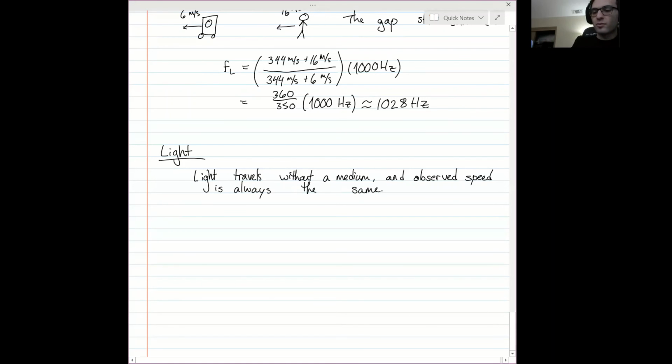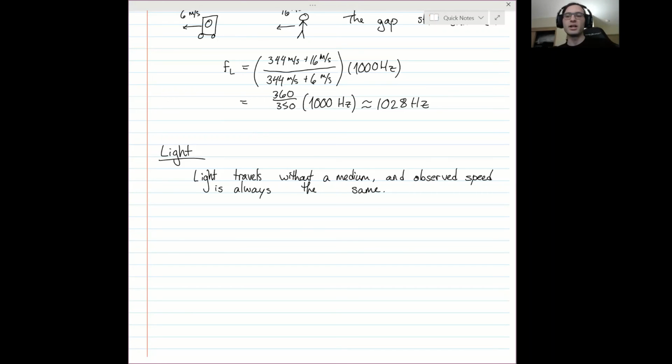So the example here is, remember, a light wave is just an oscillation, so it has peaks and troughs. Imagine that somebody sends out a light wave that has a peak every 1/10,000th of a second.